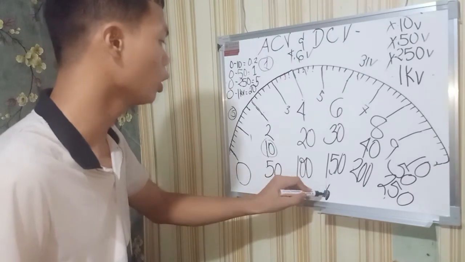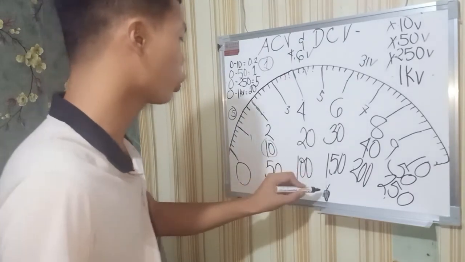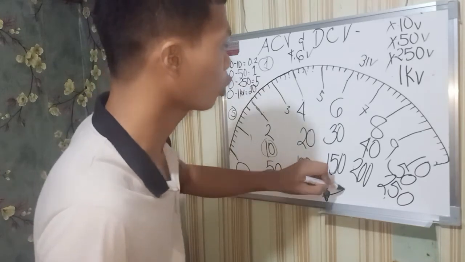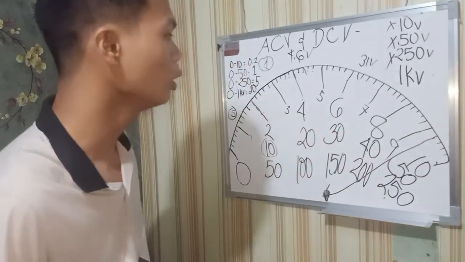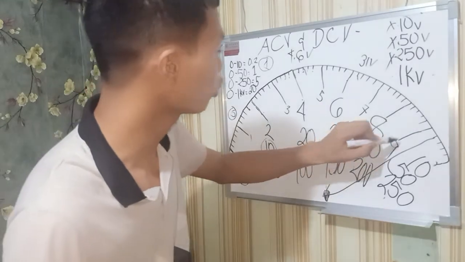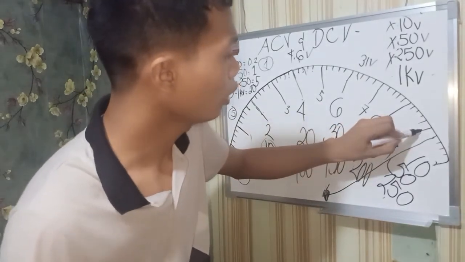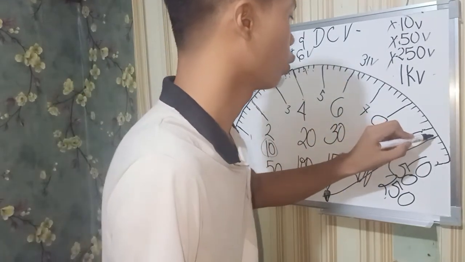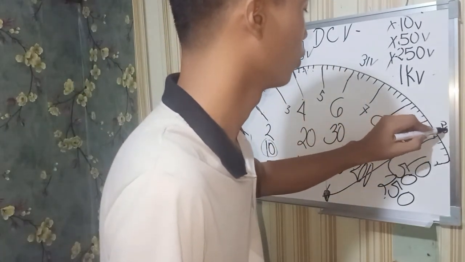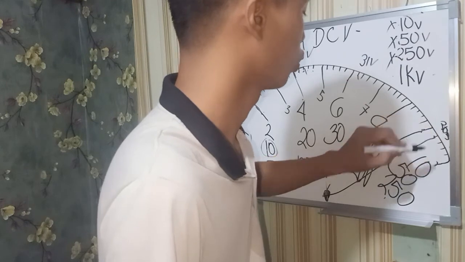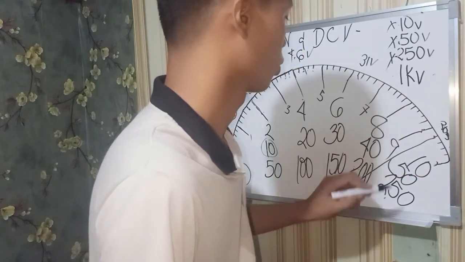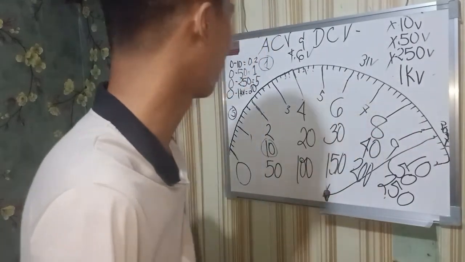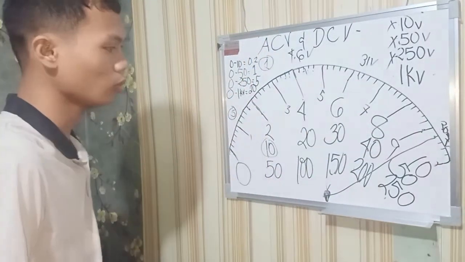For example, if you measure an outlet with the pointer towards this position, we count: that is 200, then 205. So that is 205 volts.